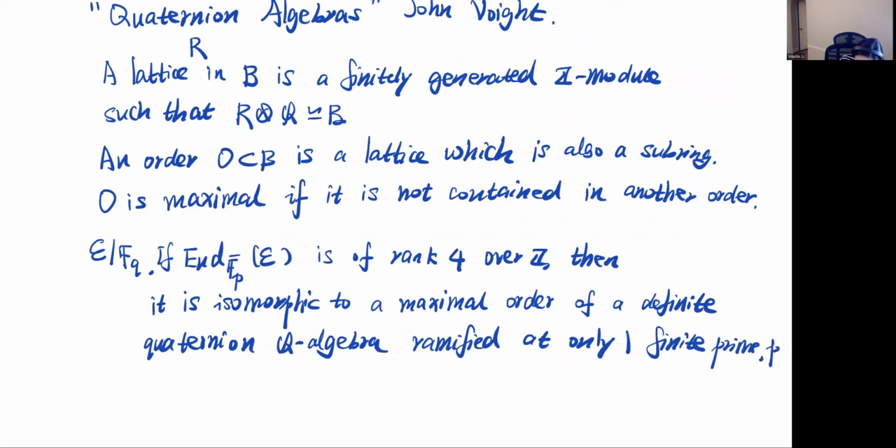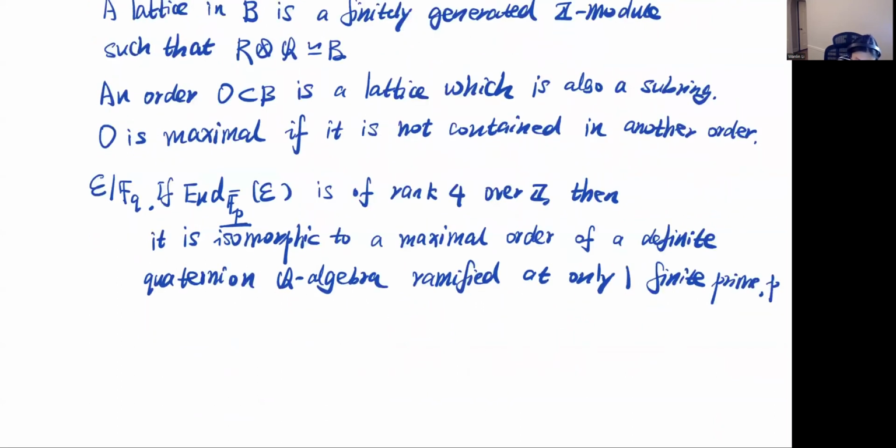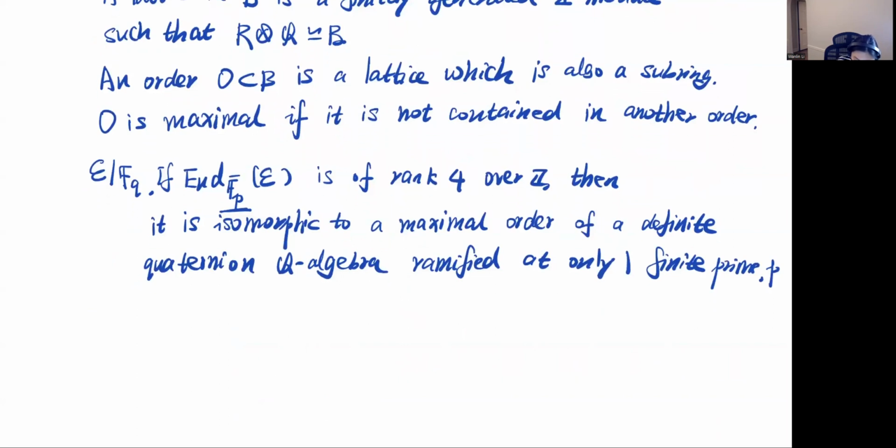Okay, so p will be the only finite prime that this quaternion algebra is ramified at. Okay, great.